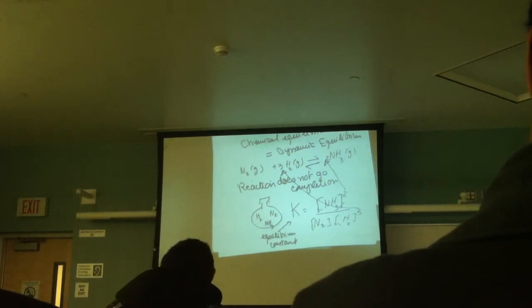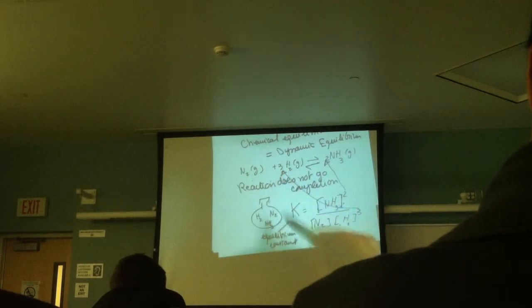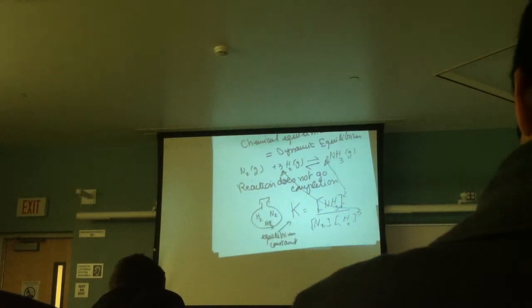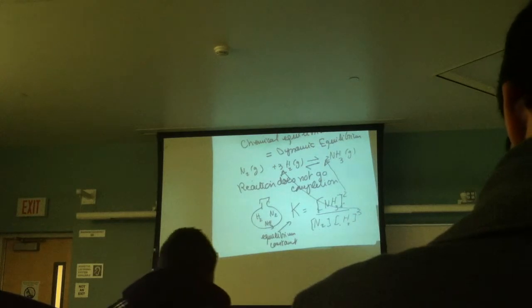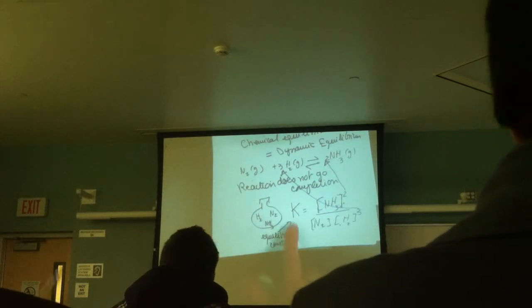The top. So if you want to know the relative amount of the ammonia to the nitrogen and hydrogen, express it as the equilibrium constant, and we call it big letter K. People put small k and say, you're kidding me, I take all points. Teacher, does it make a difference? Yes. Large K.